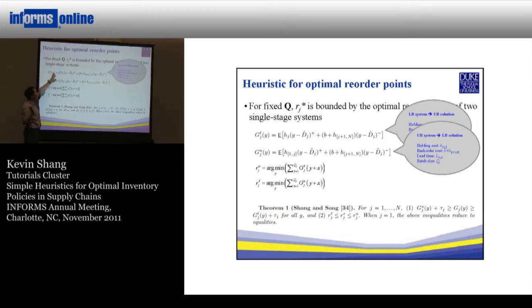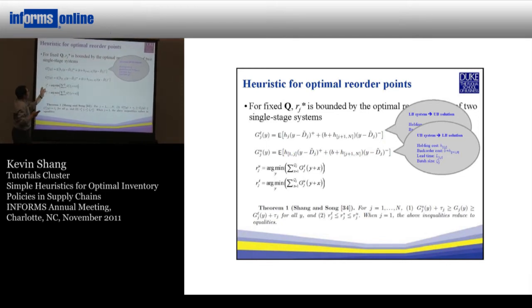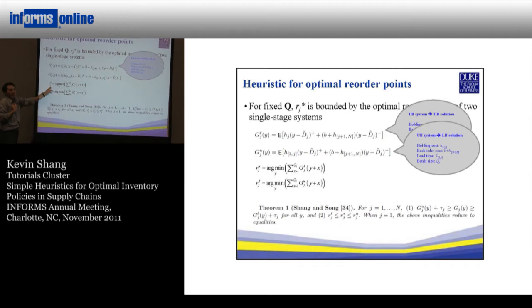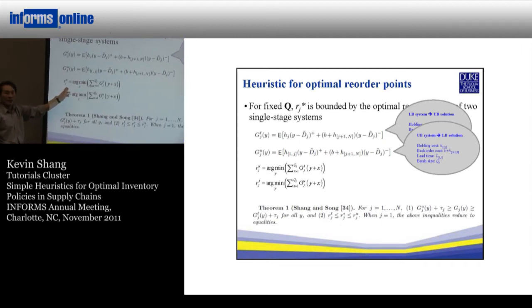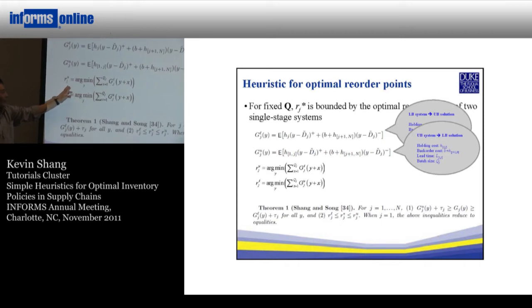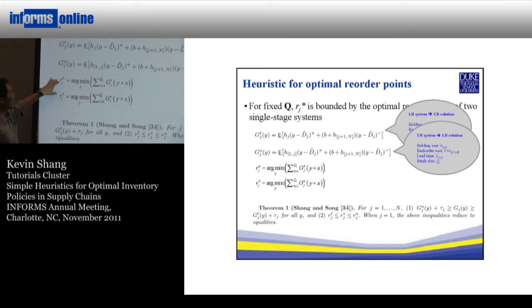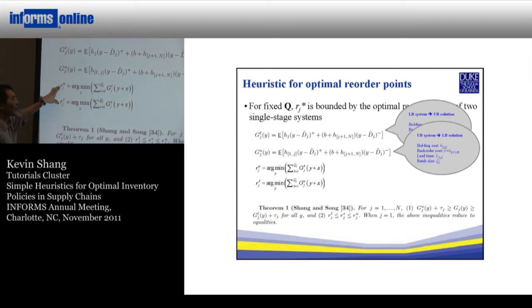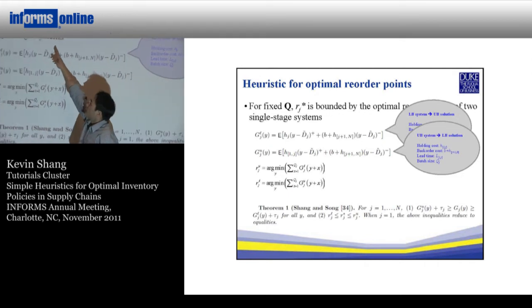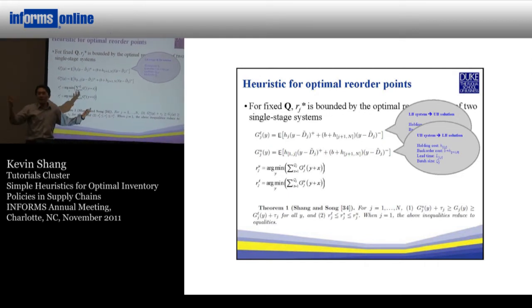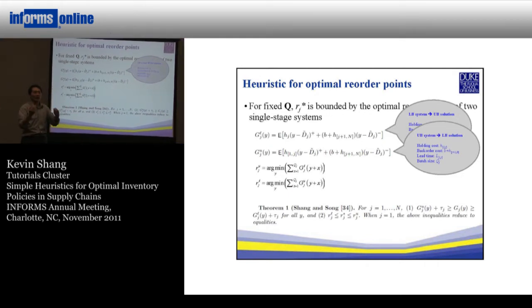That's very nice, because to generate a solution bound, I only have to solve single-stage problems with revised system parameters. And numerically, we found that the gap is not big, it's pretty small. So if you want me to pick a point to approximate this Rj star, I would use an average, or a weighted average. You will get a pretty good approximation.